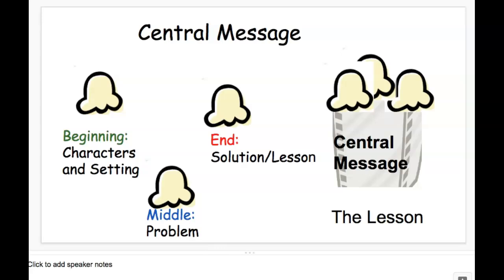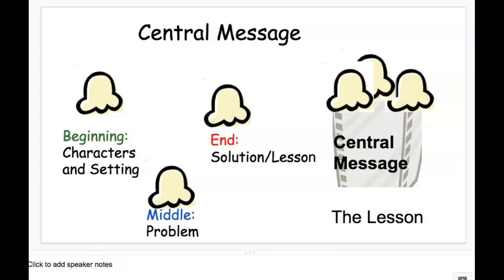We know the problem is what a character wants or needs but can't get. Finally, we go to the end of the story. There we might find a solution, but we will definitely find a lesson. And the lesson is the central message. Central message is what the author wanted to teach us.